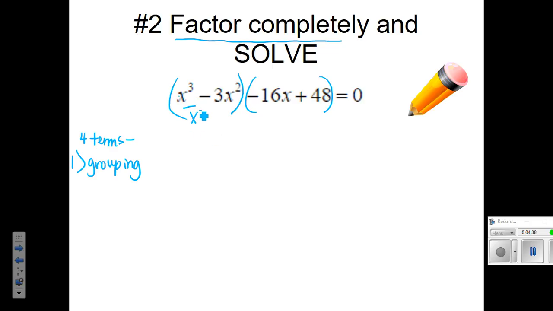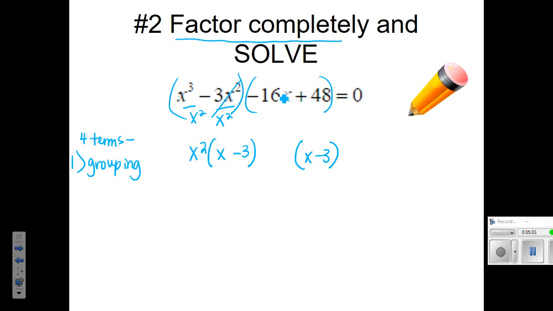They have an x squared in common. So I put that out in front. What's left over? X cubed divided by x squared is x to the 3 minus 2. You subtract the exponents. 3x squared divided by x squared, the x squareds cancel. Now remember, with grouping, I have to get x minus 3 again.